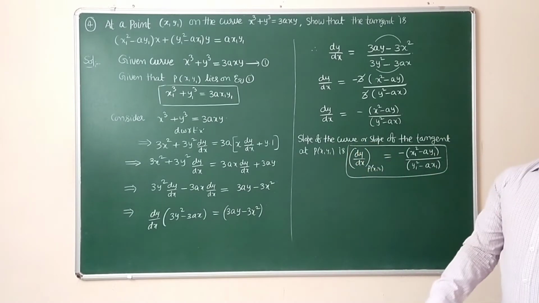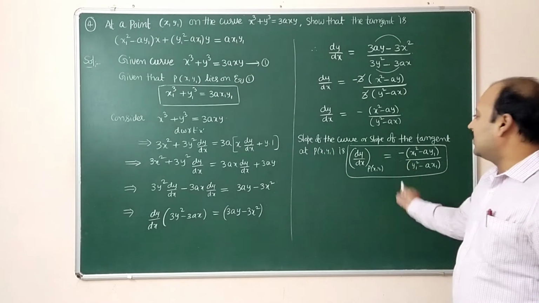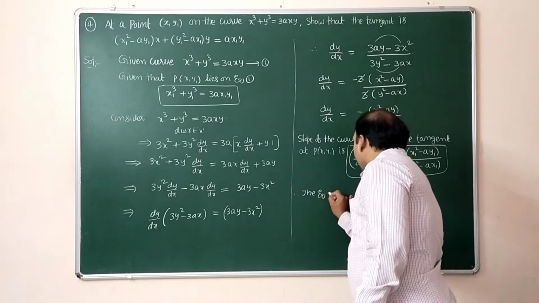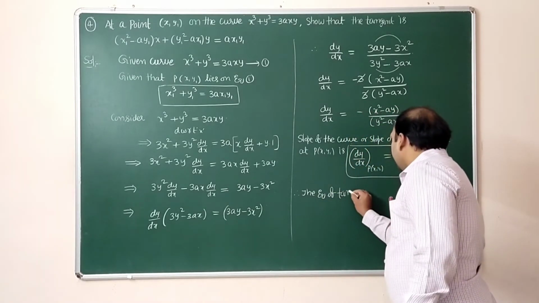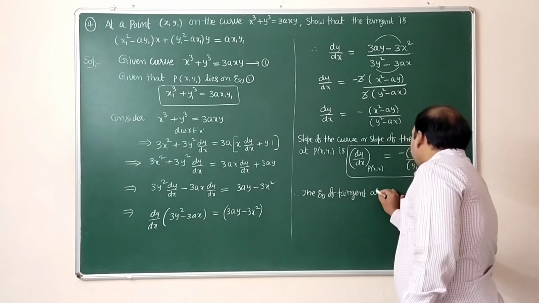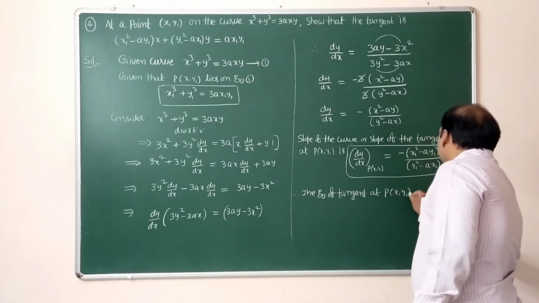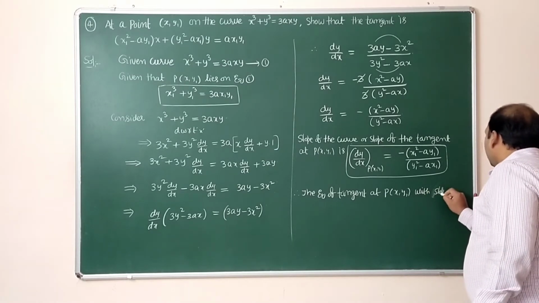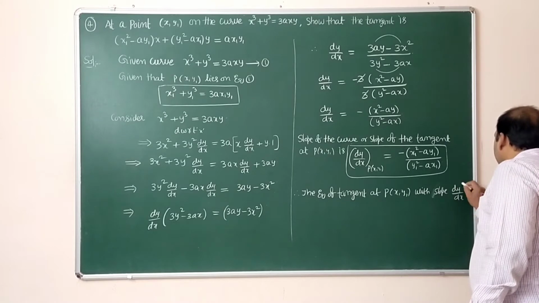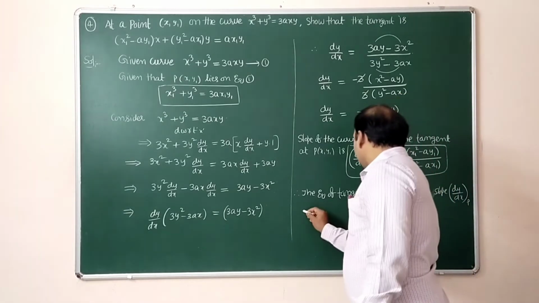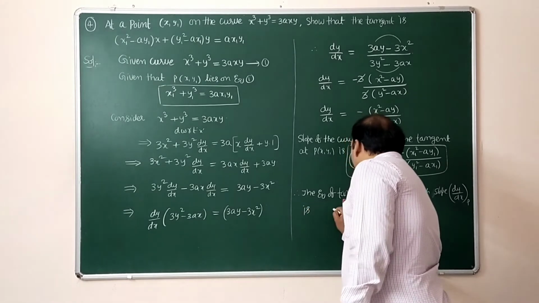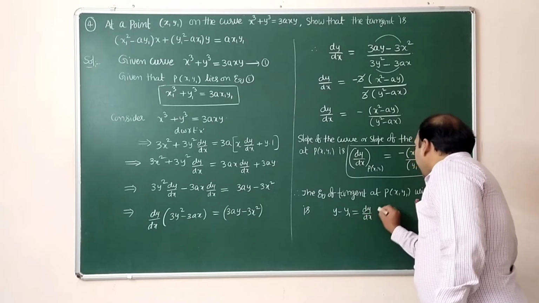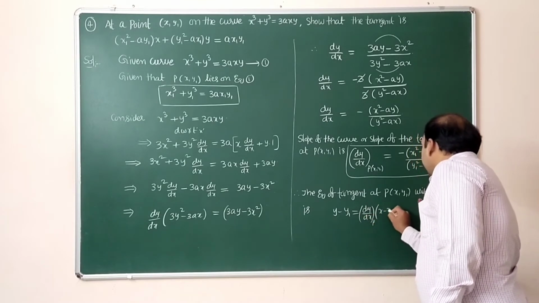After getting the slope, we know the point is there, (x1, y1), and the slope is also there. Next step, therefore, the equation of the tangent at P of (x1, y1) with slope dy by dx at P is y minus y1 equal to dy by dx into (x minus x1).